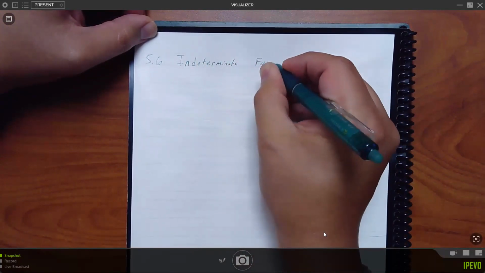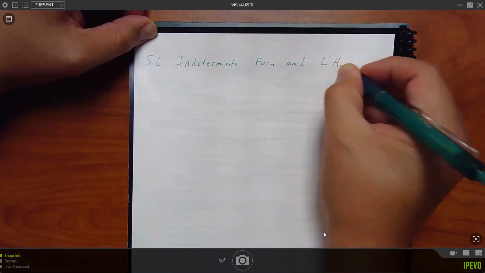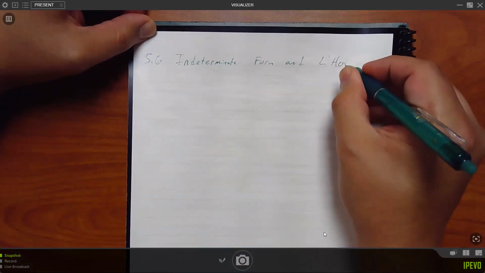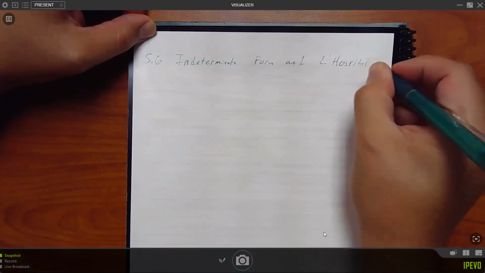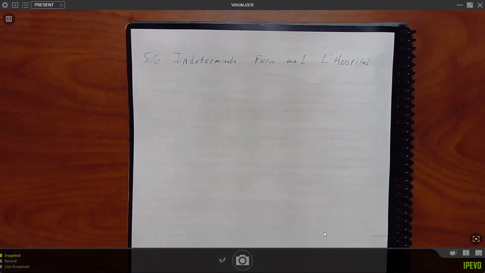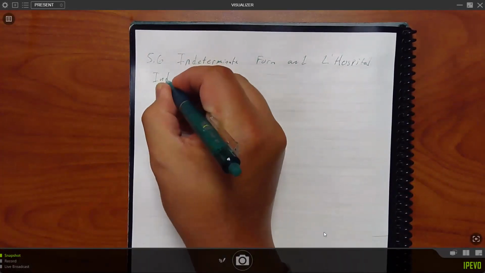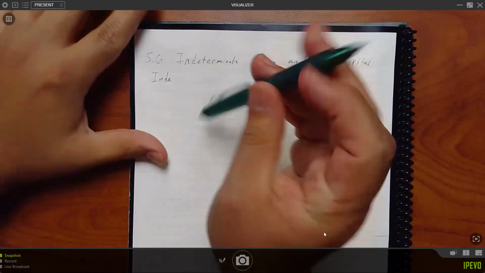Indeterminate form and L'Hopital. I used to call it El Hospital, but I don't think that's right. Anyway, so indeterminate form means, let me phrase this better.